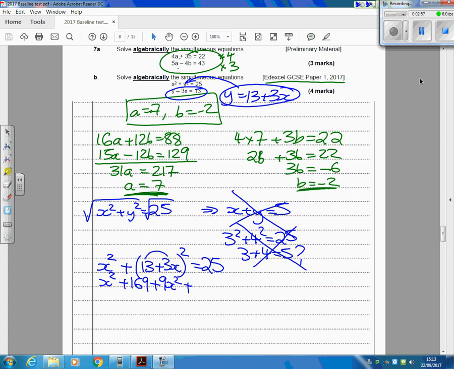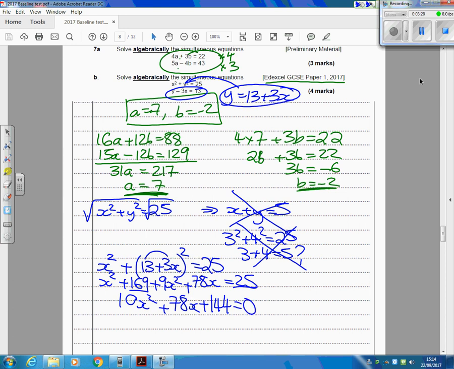You've got 39x's and another 39x's, so we've got 78x's there. The quadratic we get to at the end is 10x squared plus 78x plus 169, take away 25 to get 144, equals 0.